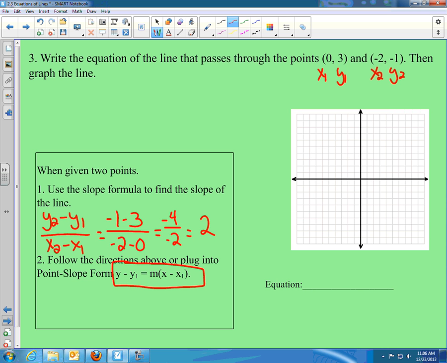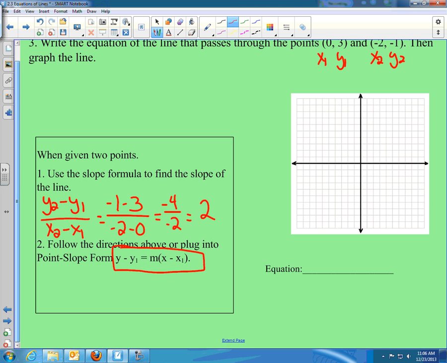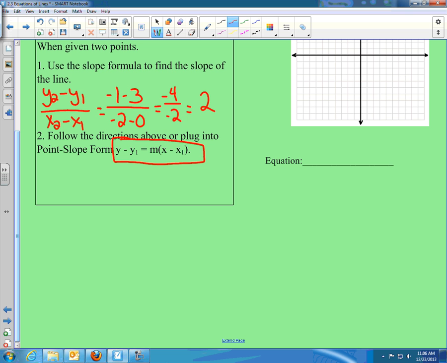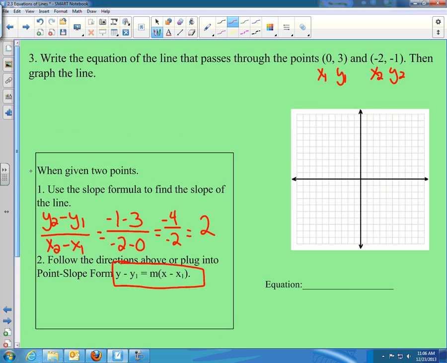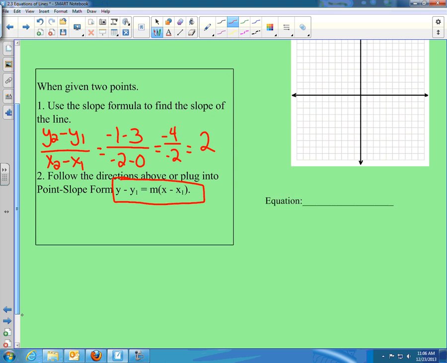Point slope form is probably our least known form to us, so I'm actually going to go through our problem with point slope form. I really enjoy point slope form, and you're going to be asked to know some information about point slope form. Okay, so you're going to use a point and a slope. So let's use this point right here, and we're going to plug it in to our form.